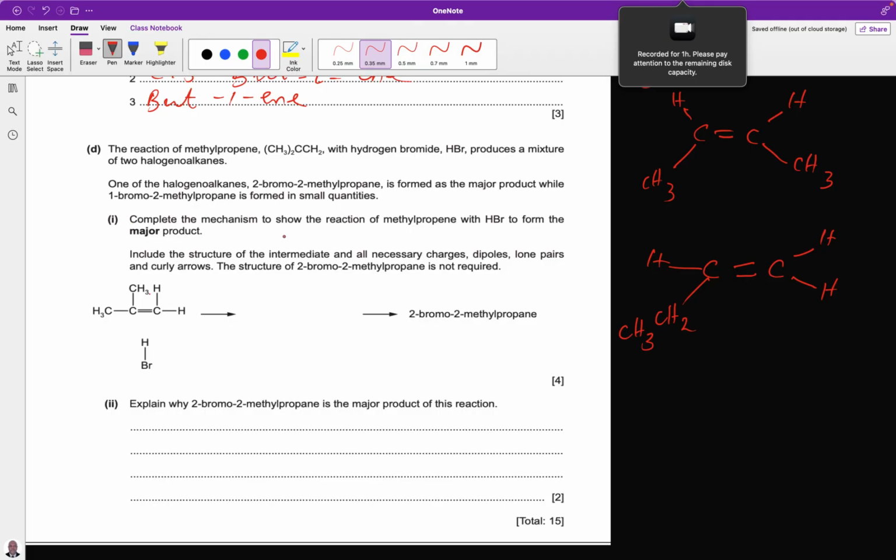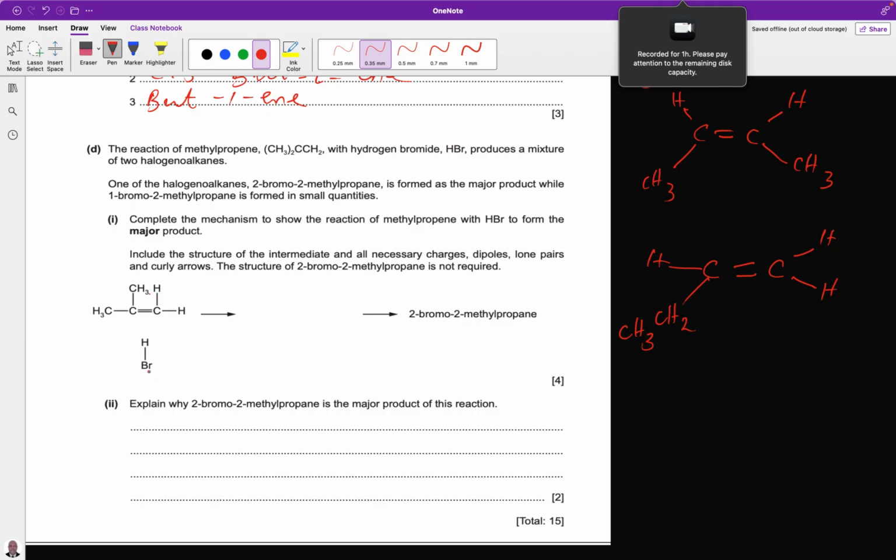Complete the mechanism to show the reaction of methylpropene with hydrogen bromide to form the major product. Include the structures of the intermediate and all necessary charges, dipoles, lone pairs, and curly arrows. The structure of 2-bromo-2-methylpropane is not required.